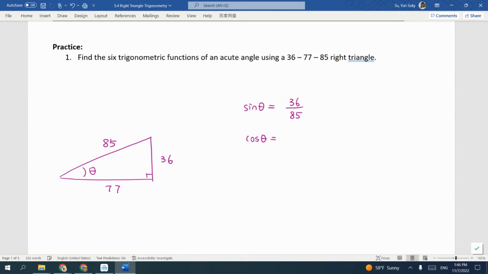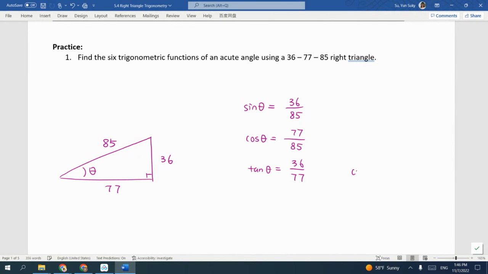Okay, what's cosine theta? 77 over 85, adjacent over hypotenuse. Right, everybody? How about tangent theta? Tangent is 36 over 77.